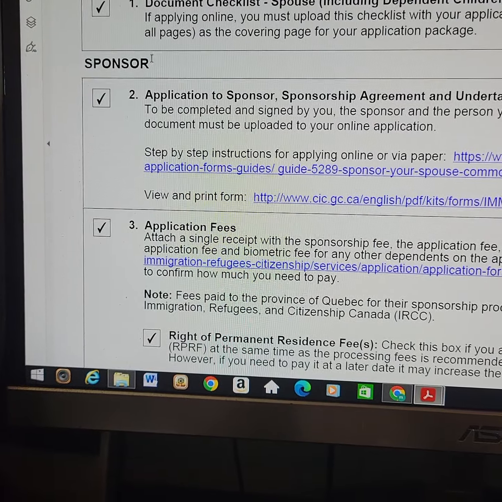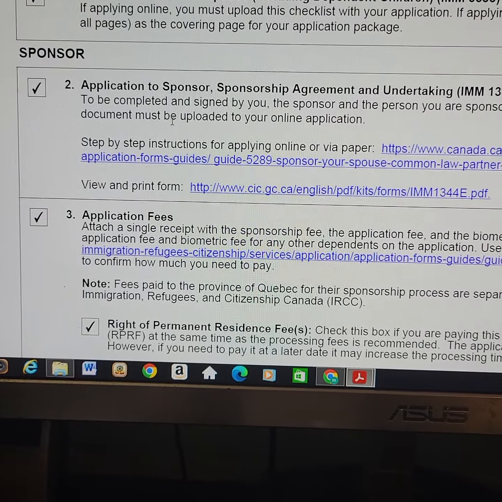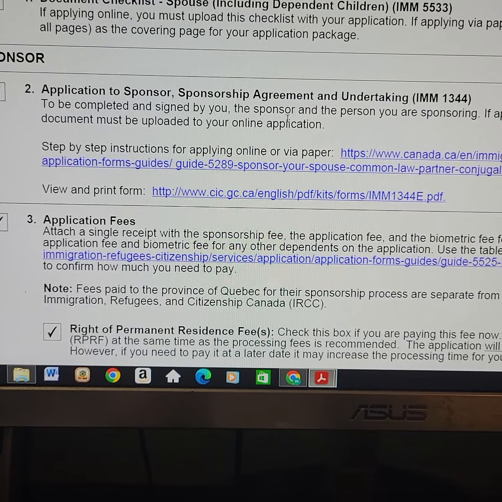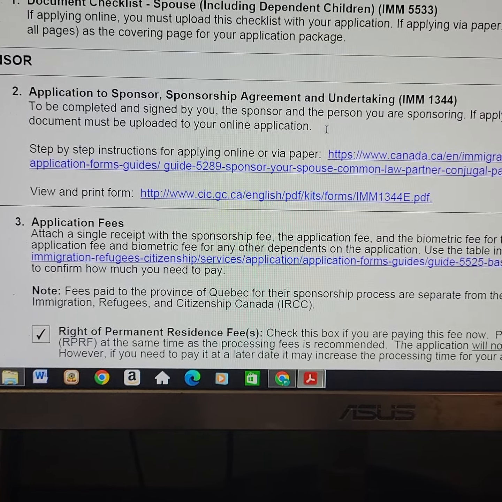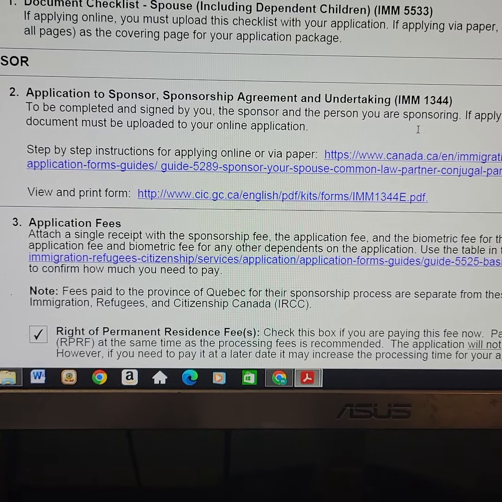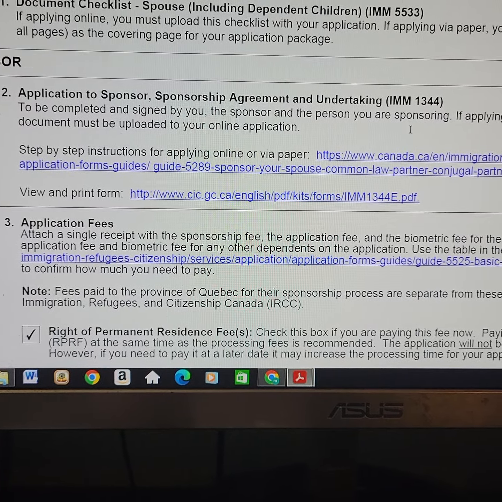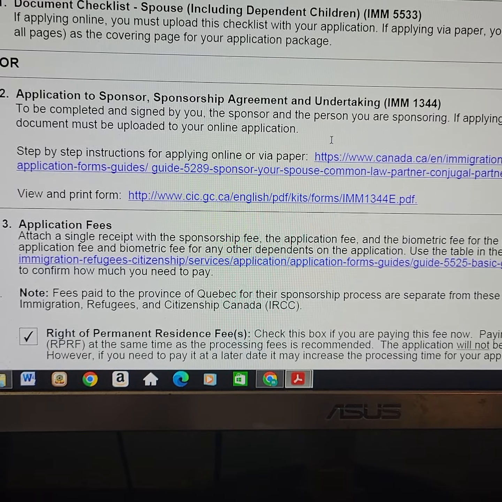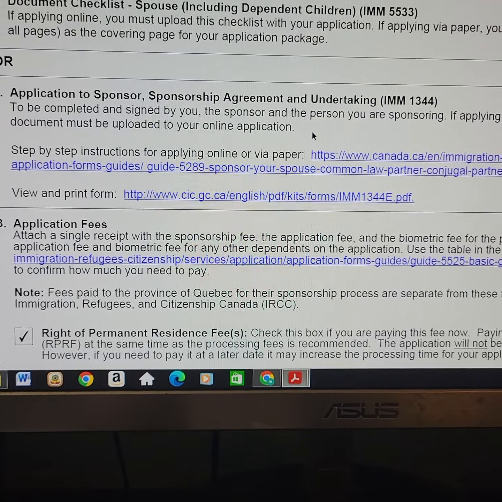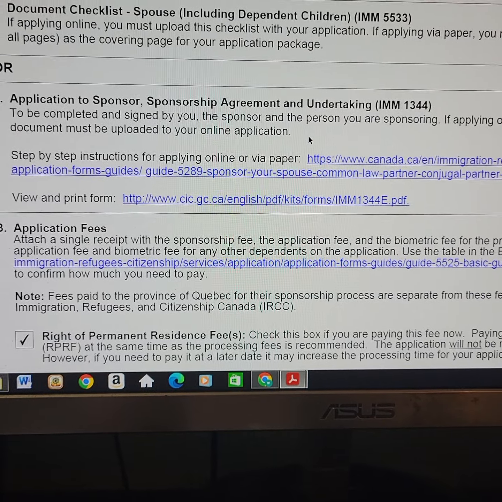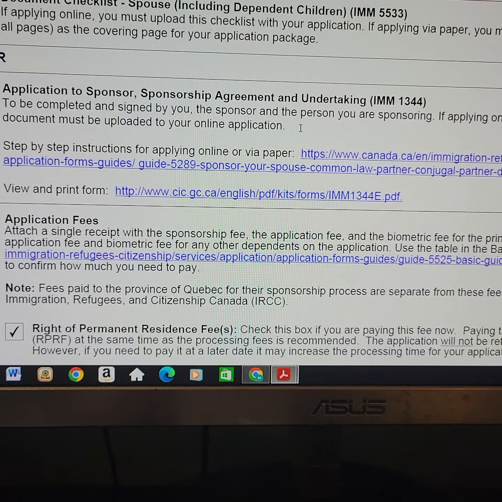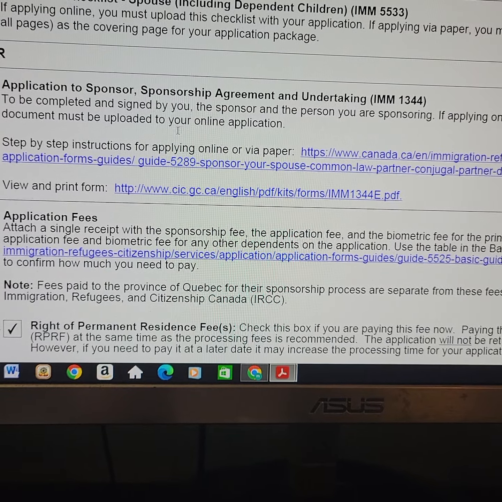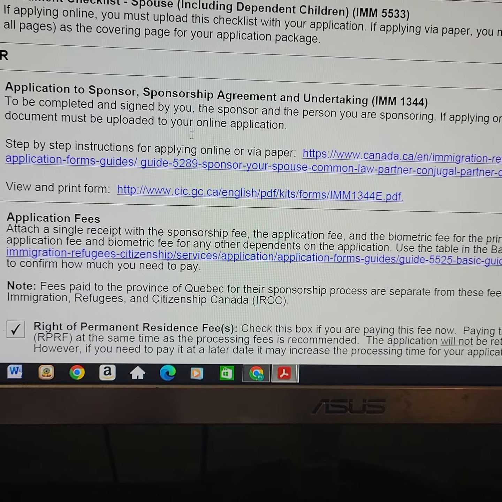Here you have the sponsor, so you're the one filling out this form, but the person that you're sponsoring, your husband or your wife in Morocco, will have to sign the document as well. Okay, so keep an eye on these things: who's signing, where, and how and why. Okay, so very, very important.